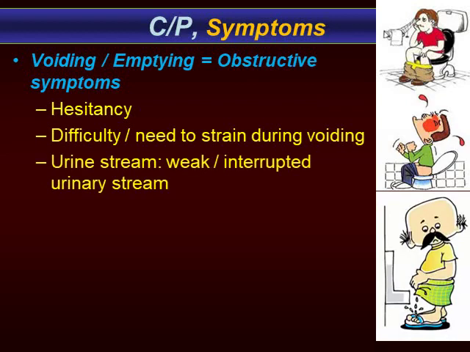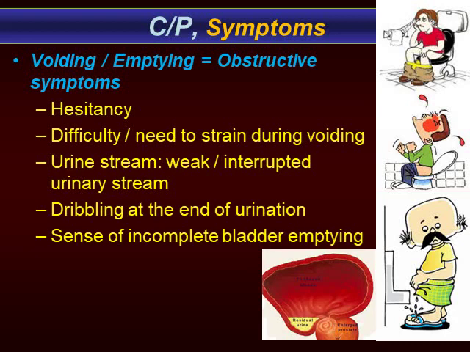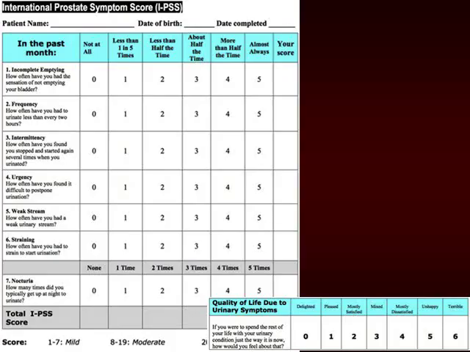Also, he may notice that the stream is weak or interrupted, not as strong as it used to be. He may also complain of dribbling at the end of urination, or a sense of incomplete bladder emptying because of residual urine. He may also complain of pain or burning during urination.